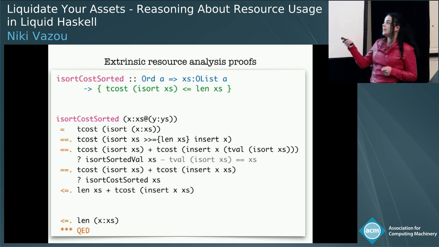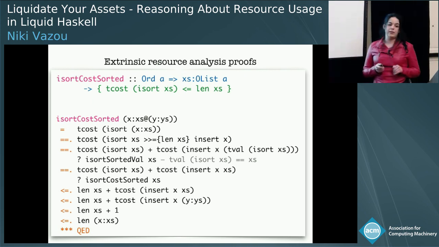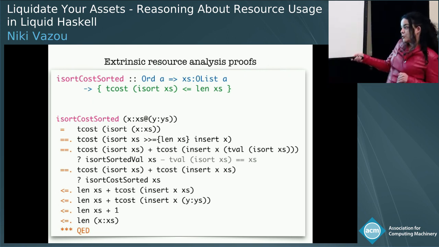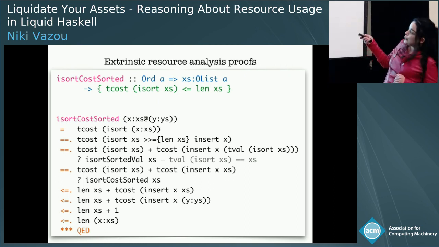So I'm going to assume here that xs is not an empty list. So now I know that xs is y cons ys. And now by the definition of insert, I know that this cost is 1. And this completes my proof when I have a list with at least 2 elements.